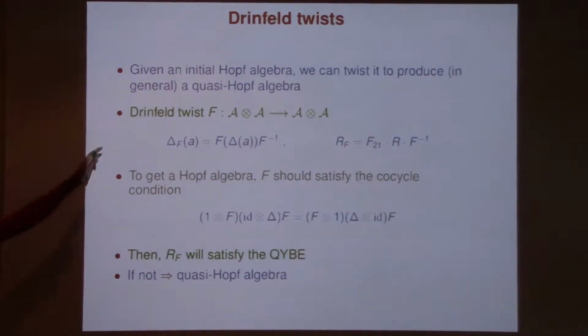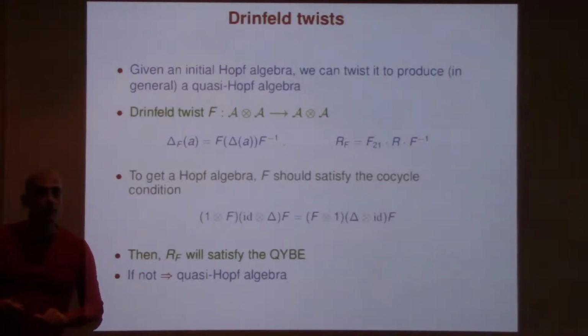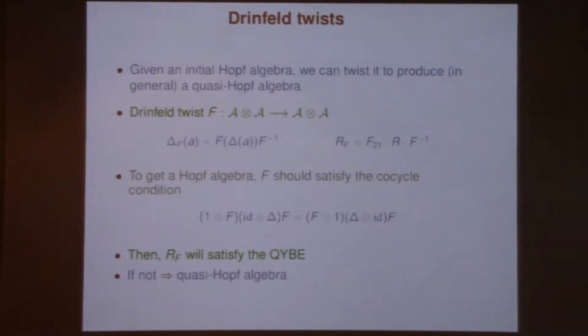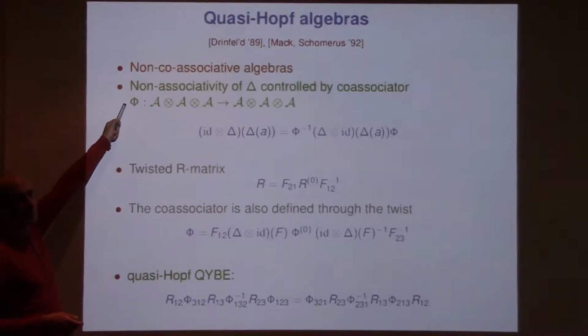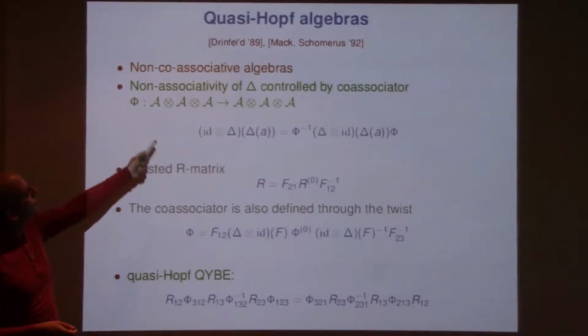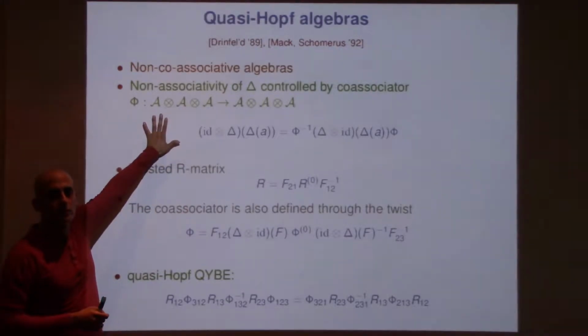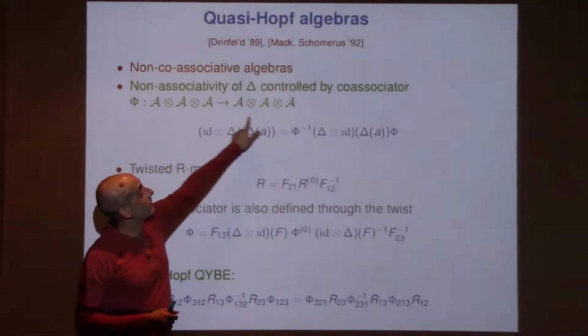And to get something known as a Hopf algebra, we need to satisfy a condition here. This guarantees the Yang-Baxter equation. If it doesn't get satisfied, you get something known as a quasi-Hopf algebra. These are non-coassociative algebras because the Yang-Baxter equation is not satisfied, and the non-coassociativity is controlled by the co-associator, which is an element which now lives in 3 copies of the algebra.